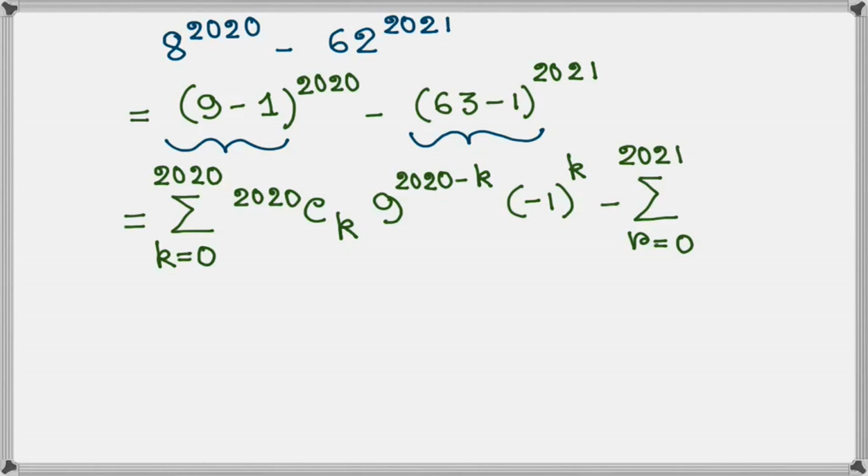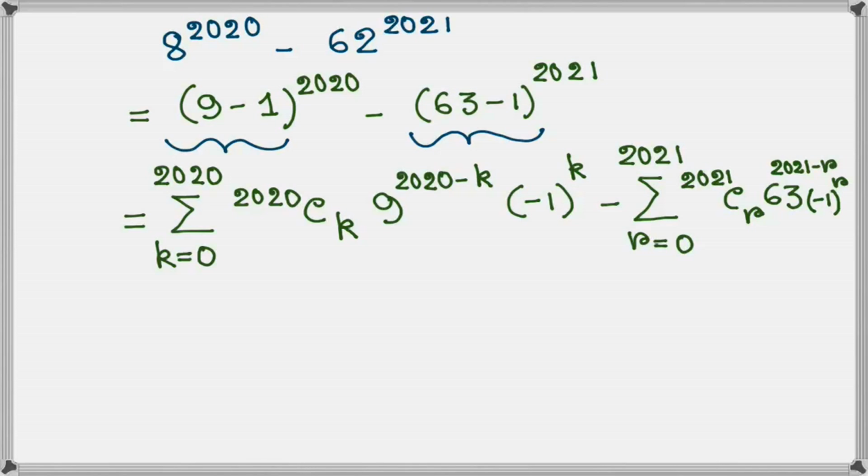up to 2021, 2021Cr 63 to the power 2021 minus r into (minus 1) to the power r.